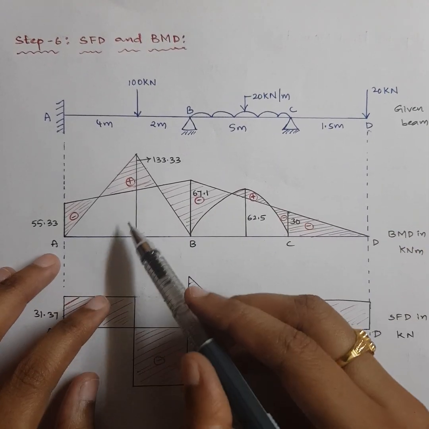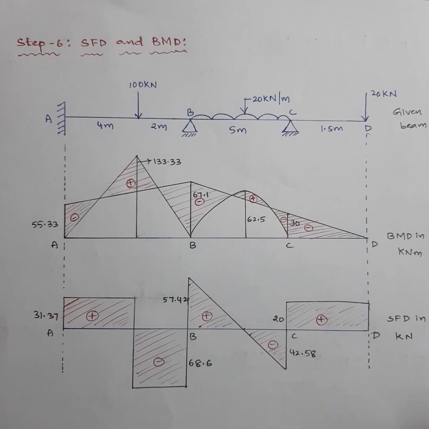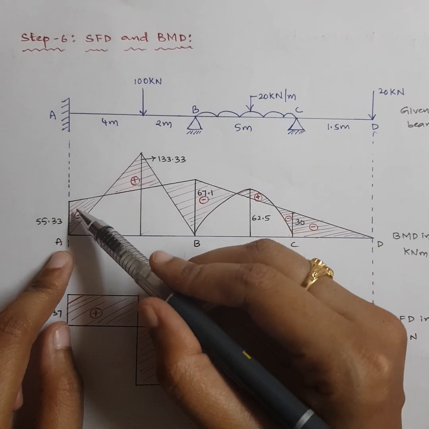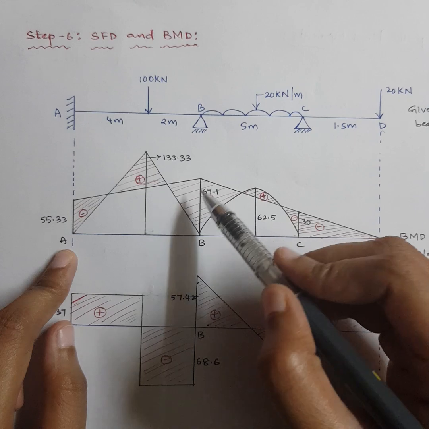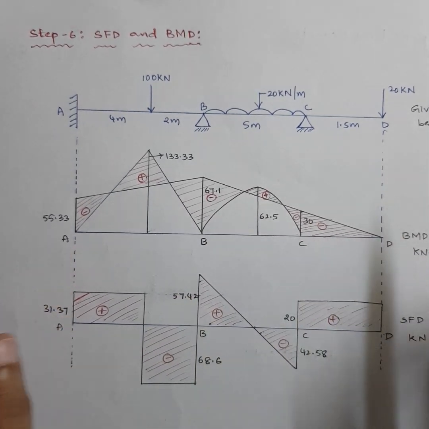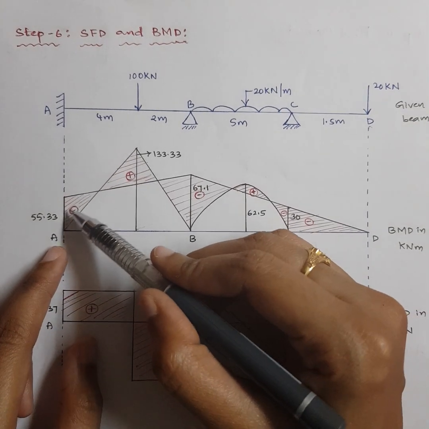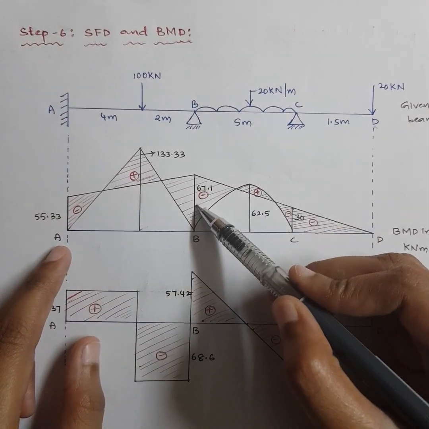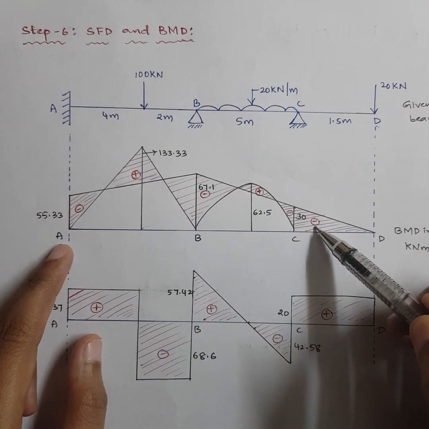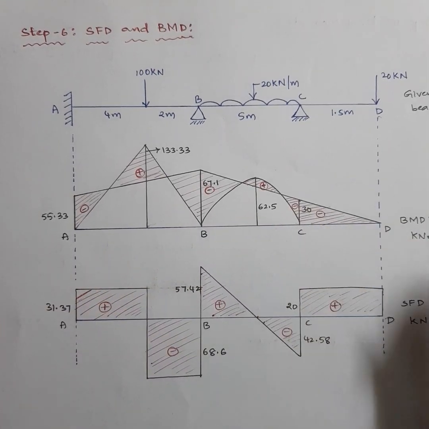Whatever is the empty part is all deleted, so you are left only with the parts which I have shown with a line. You have to draw like that and show that's the leftover. This is negative, this is positive, this is negative, this is positive, and this is also negative. Like this you have to finish off the bending moment diagram.